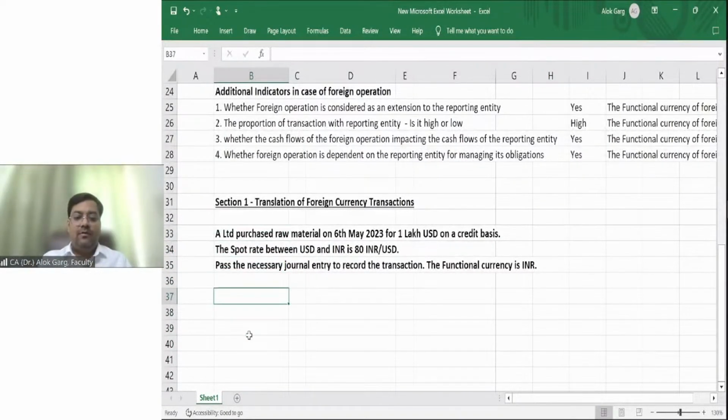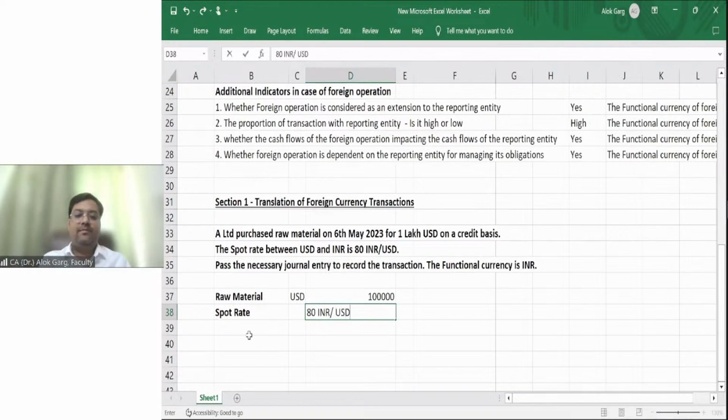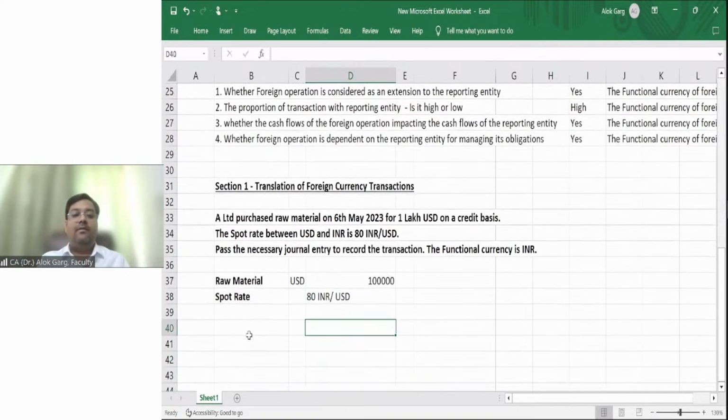So what is my foreign currency transaction? It is purchase of raw material, USD 1 lakh. Spot rate 80 INR per USD, right? Now what is the accounting?